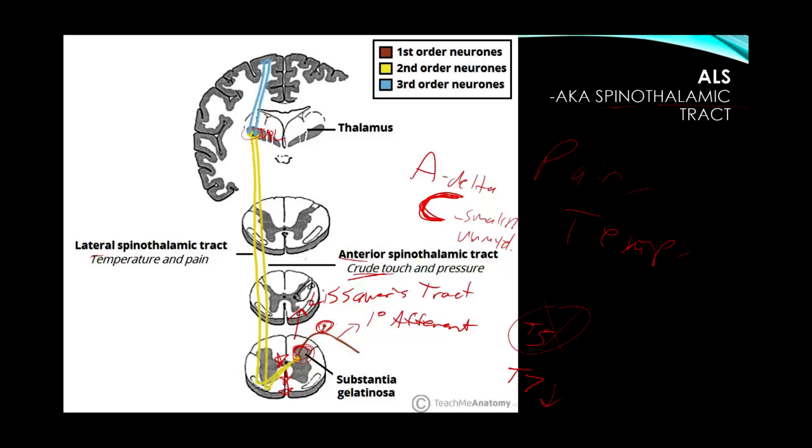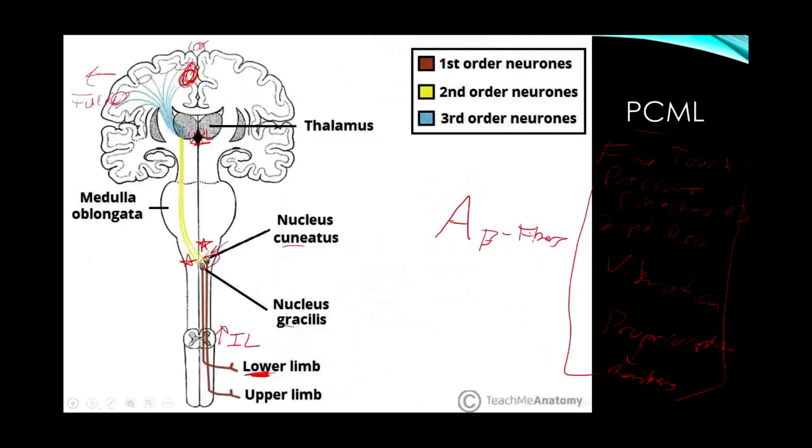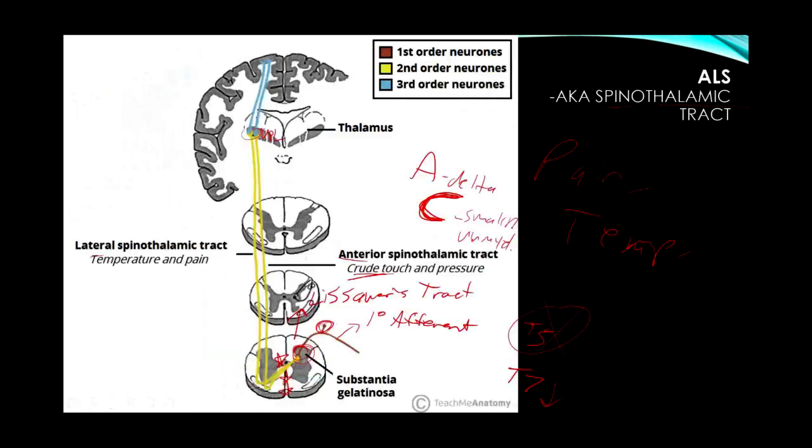So anytime you hear fine touch or discriminative touch, the PCML pathway is responsible for that. Anytime you hear crude touch, the ALS is responsible for that. But mainly, these are going to be your big giveaways in question stems. Loss of pain and temperature. Loss of pain and temperature, then you know that this area has been compromised.